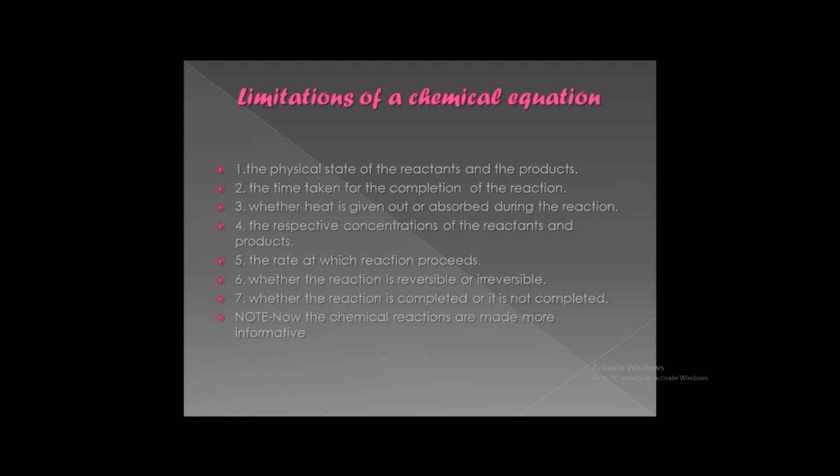In some reactions you will see an arrow pointing upward. That arrow pointing upward shows that a gas is evolved in the reaction. An arrow pointing downward shows that a precipitate is formed.